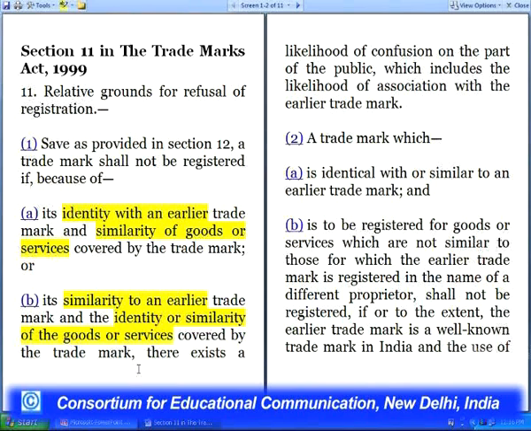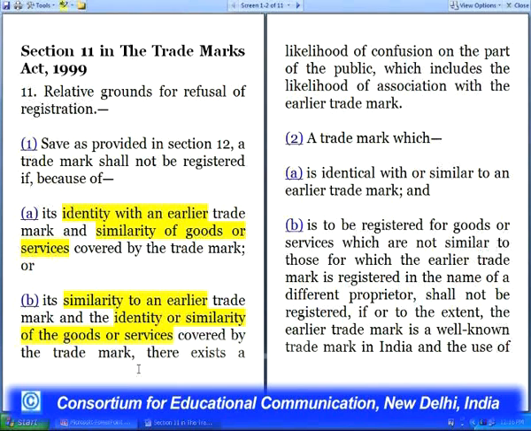Well friends, if you look closely at this provision, the language complicates a lot of things. The frequent use of the words identity and similarity makes you a little confused, but we can understand its purpose by making it simple, especially when it comes to 11.1.